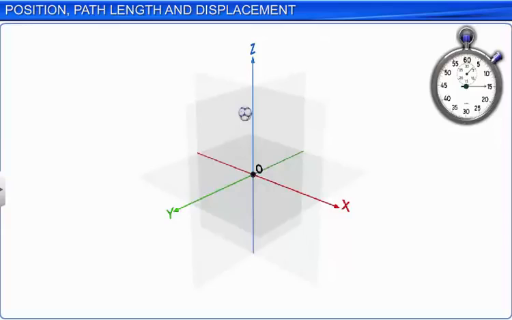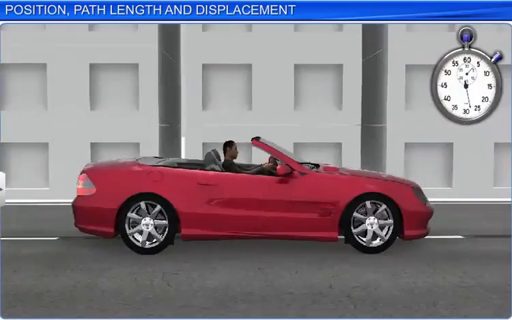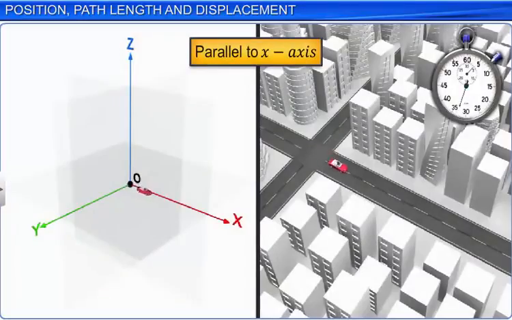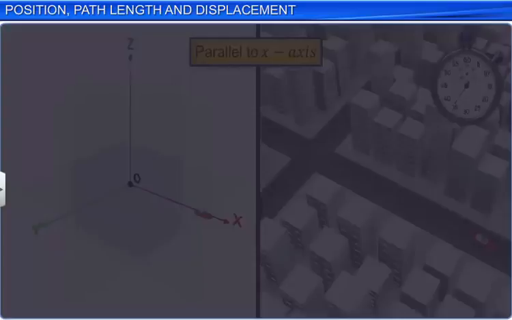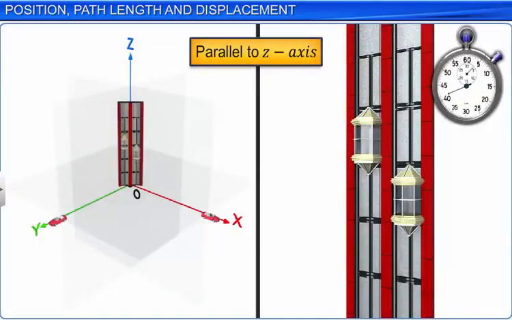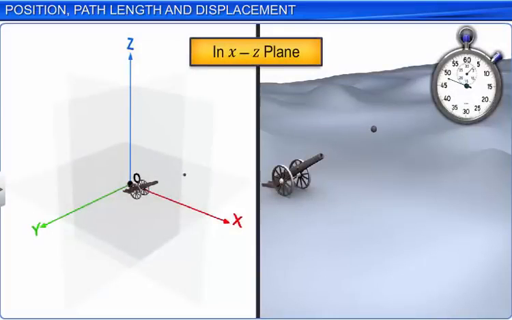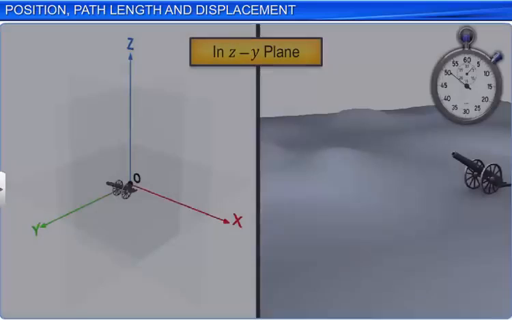When any one or more of the coordinates change with time, the body is said to be in motion with respect to the frame of reference. The motion could be parallel to the x-axis, parallel to the y-axis, parallel to the z-axis, in the xy plane, in the xz plane, in the zy plane, or in space.